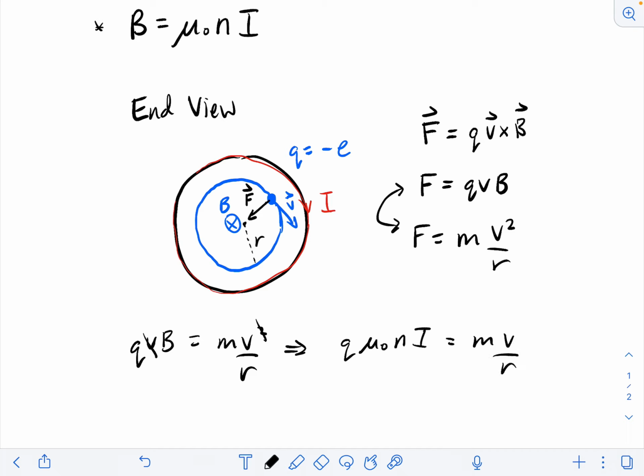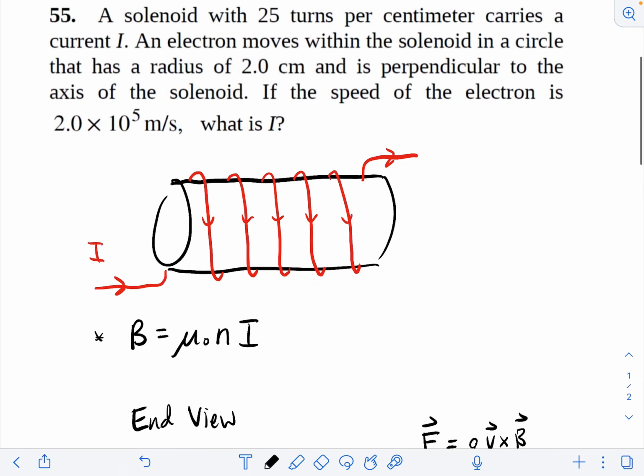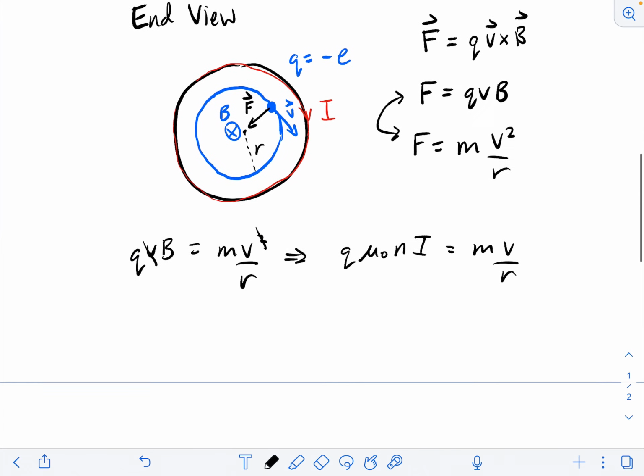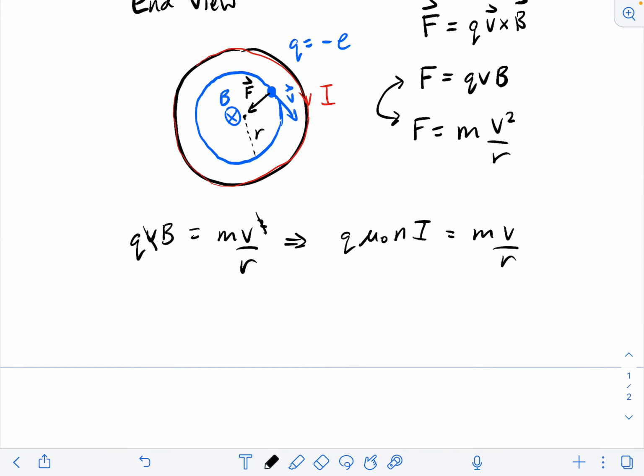What we're trying to solve for is the current I. If we solve for I, we get I is equal to m times v over mu naught n times q times r. And I think that should be our final answer.